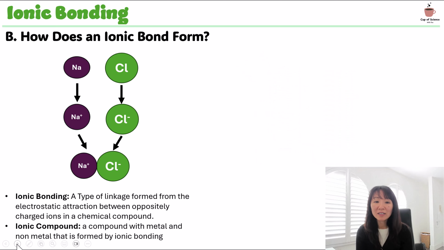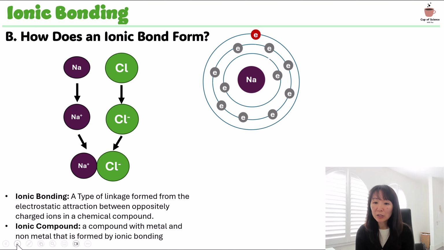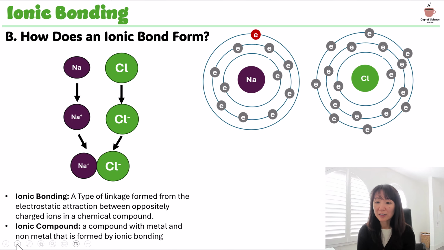Now, how does this ionic bond form at a very small, minuscule level? So let's see. Here's my sodium, neutrally charged. Here's my chlorine, also neutrally charged. The very outermost layer right here is called the valence electrons.